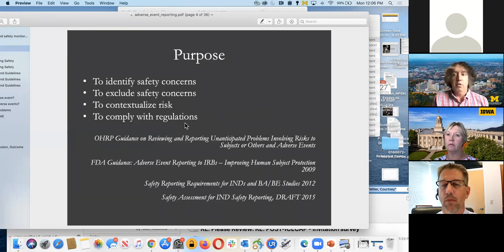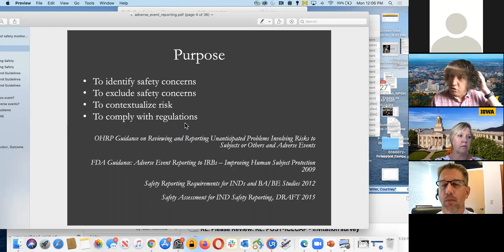So the fundamental purpose is that in clinical trials, in particular, randomized clinical trials, you have a unique opportunity to really quantitatively assess the benefits and risks of a treatment. So you want to identify safety concerns, but also exclude safety concerns. Certain types of feelings, experiences, diseases, and diagnoses occur at a baseline level in the population.